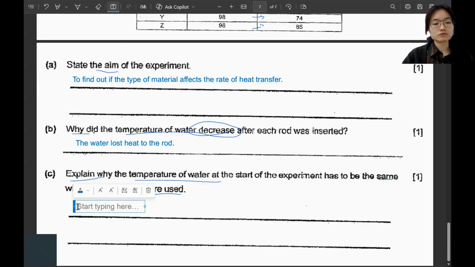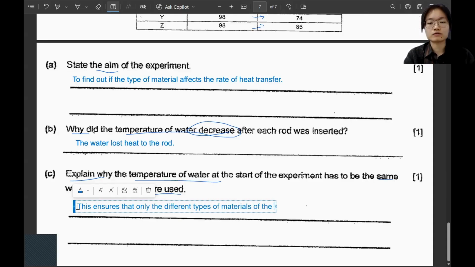So we're going to write that this ensures that only our change variable affects the measured variable. What's our change variable again? The different types of materials of the rods affects the measured variable, the rate of heat transfer.